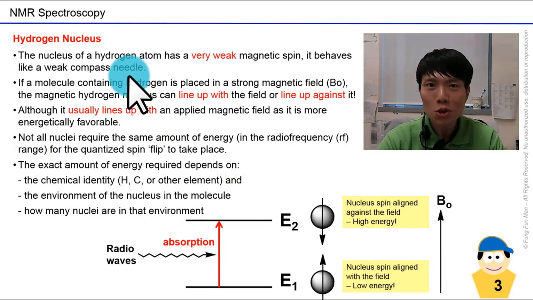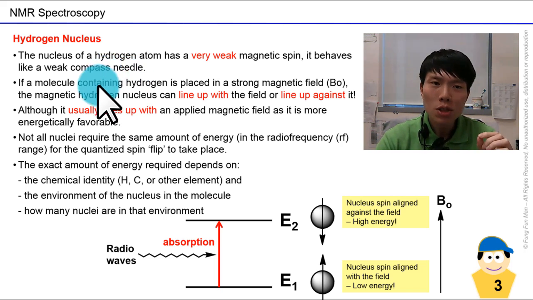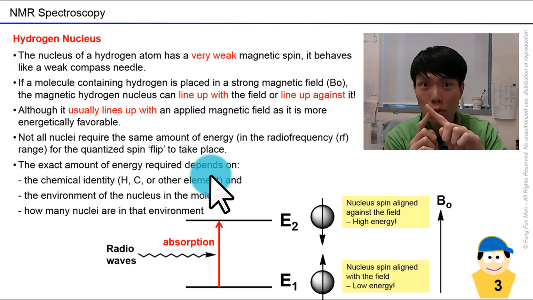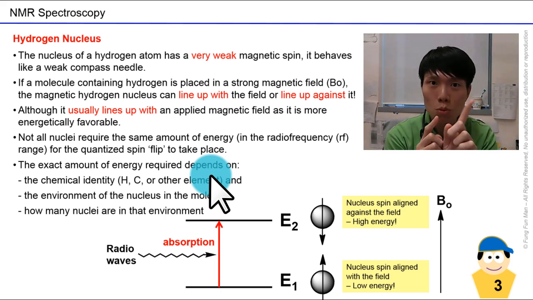Now, the hydrogen nucleus is the most studied element for NMR spectroscopy. We know that the nucleus of the hydrogen atom has a very weak nuclear spin, so it behaves like a very weak compass needle, always swiveling around, never stopping.